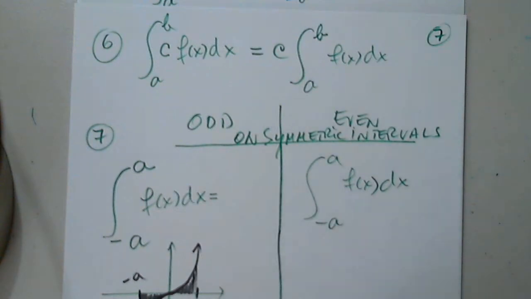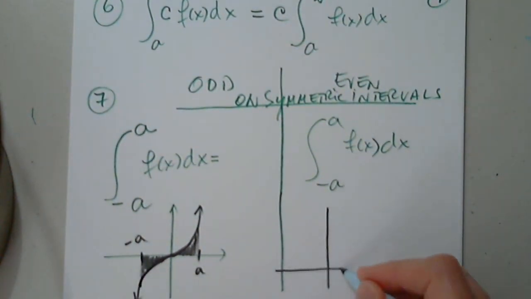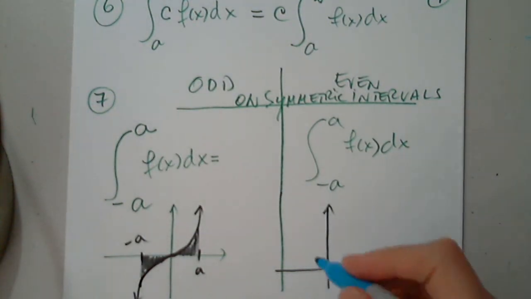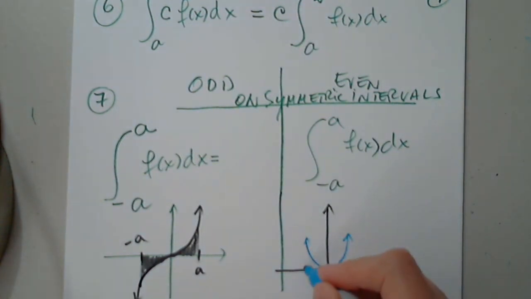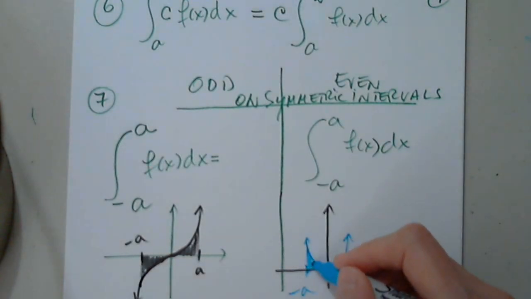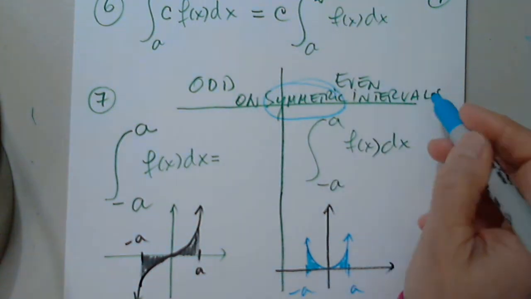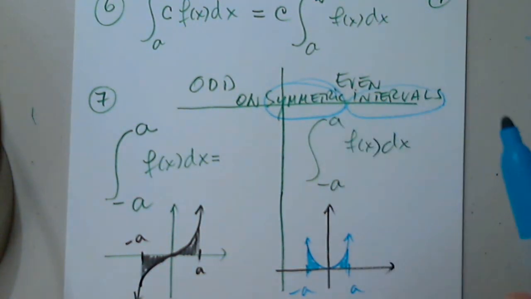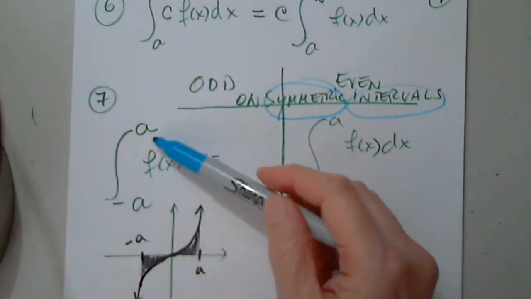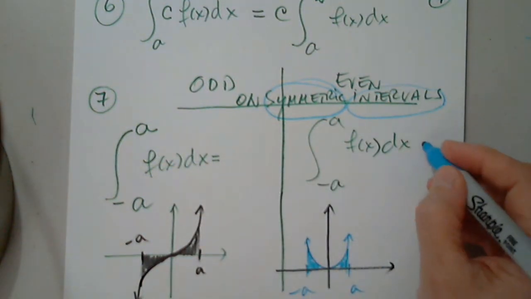And here's the area in question for an even function. But this is very specific on a symmetric interval. We are talking about odd functions on a symmetric interval, even functions on a symmetric interval.